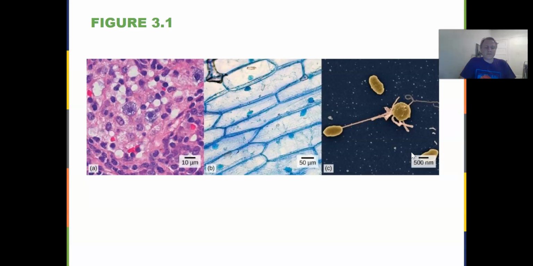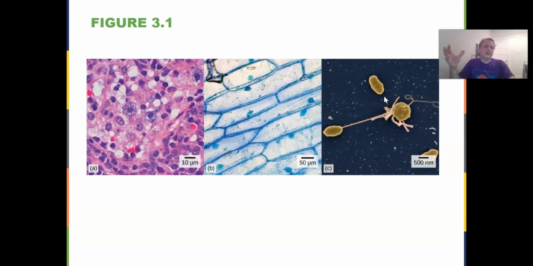So one micrometer is equal to 1,000 nanometers, just so that you have the scale of this in your head. This one was also taken with an electron microscope, which we're going to talk about. These were taken with light microscopes. And yeah, these are just much tinier.